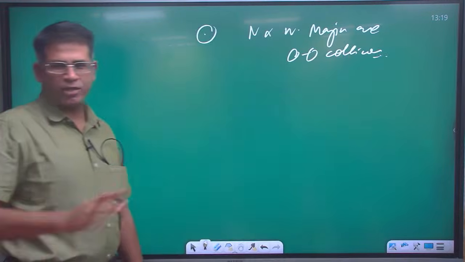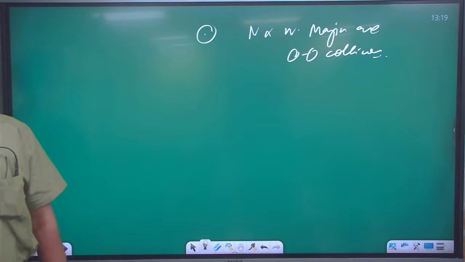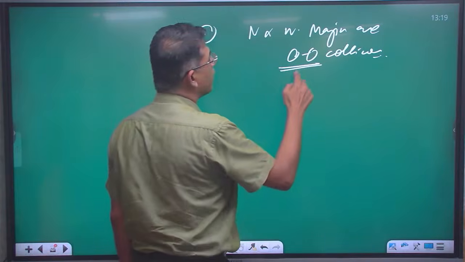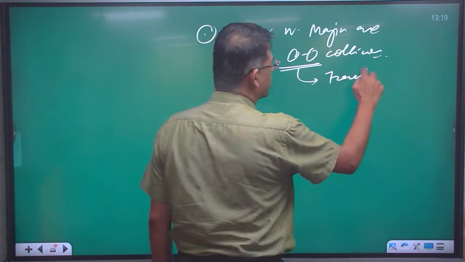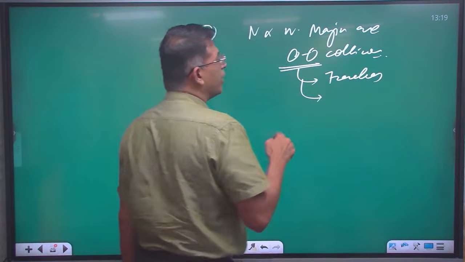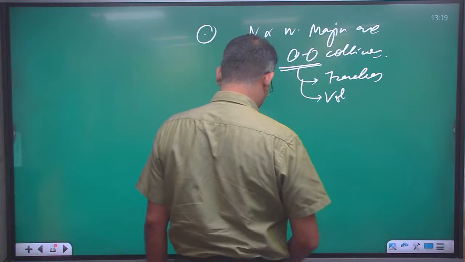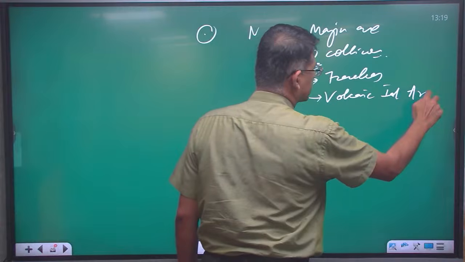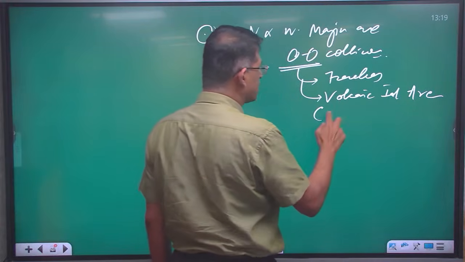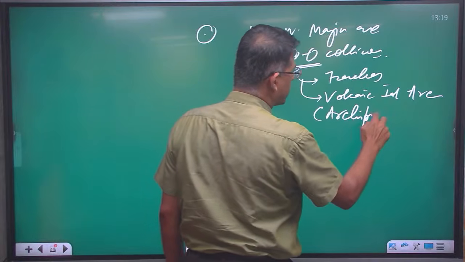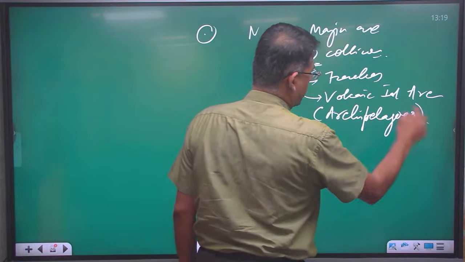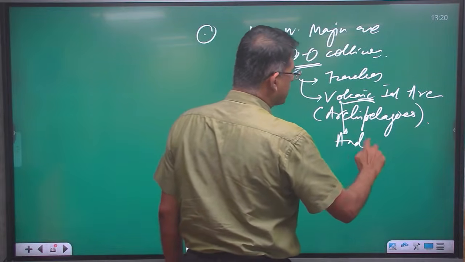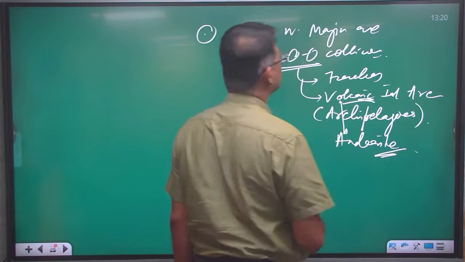And wherever there are OO collision margins, you will have trenches and volcanic island arcs. These are a special type of islands, also called archipelagos. They will be volcanic, and these volcanic rocks are andesite, not basalt. Please write this down.